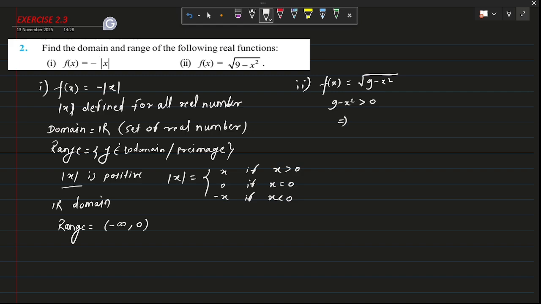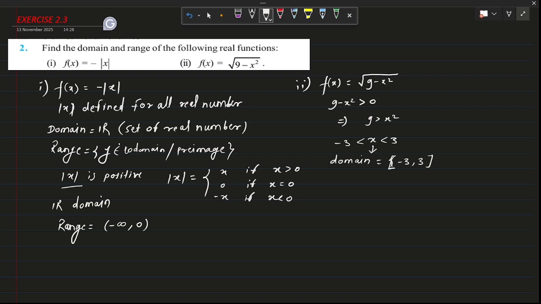This implies 9 must be greater than or equal to x square, so x is in between minus 3 to plus 3. So the domain of the function is equal to minus 3 to plus 3, both included.